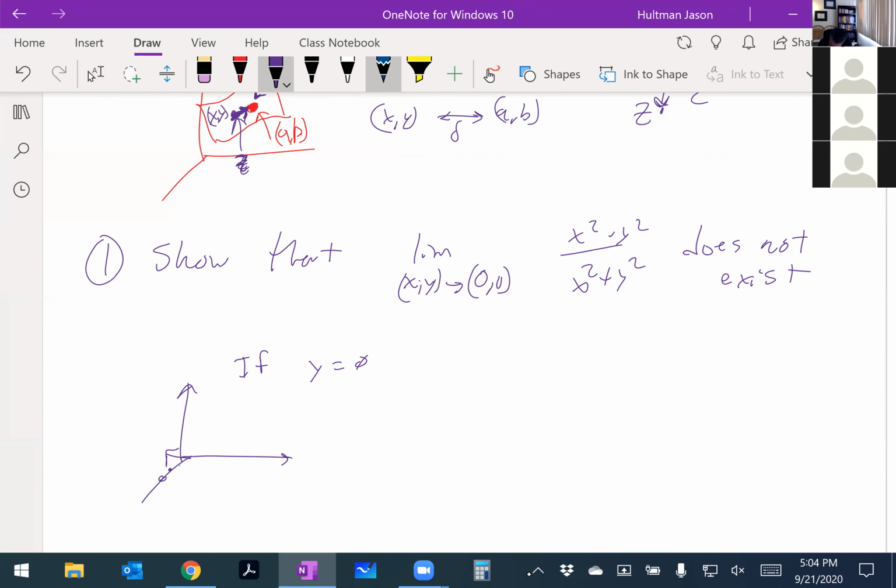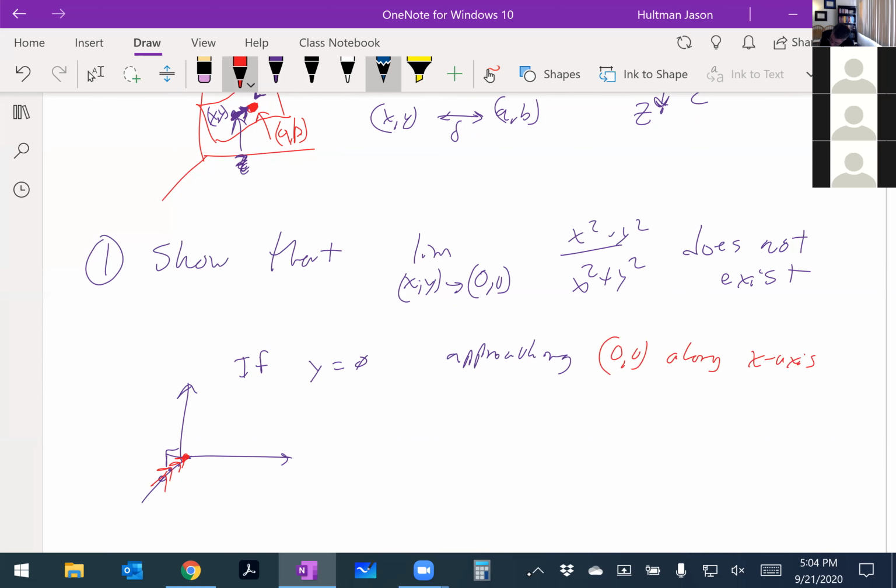And so what does this mean? It means that we're fixing y equals 0, and we're approaching 0, 0 along the x-axis, because we fixed y. We said y can't move. It's y is 0.